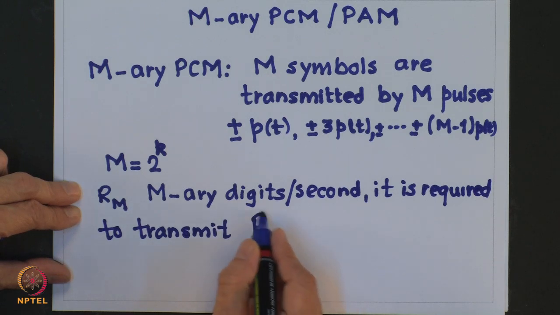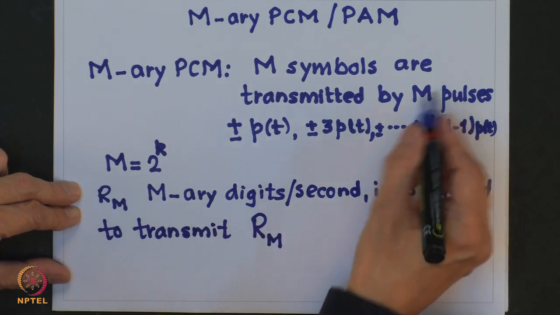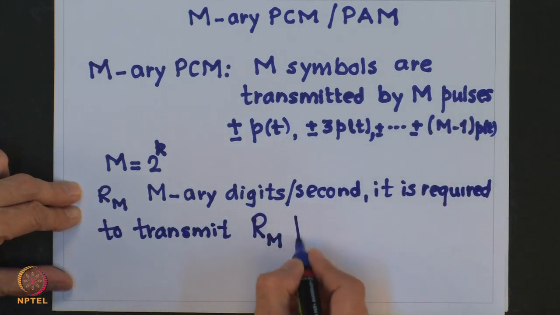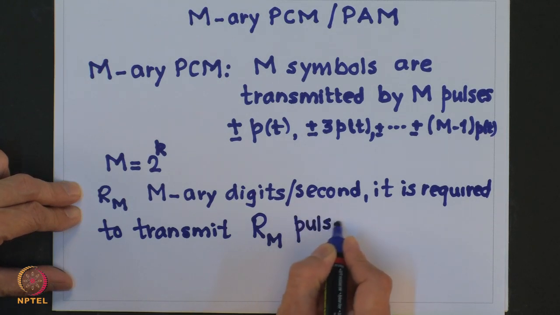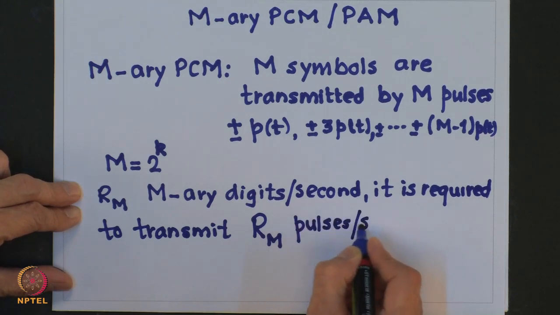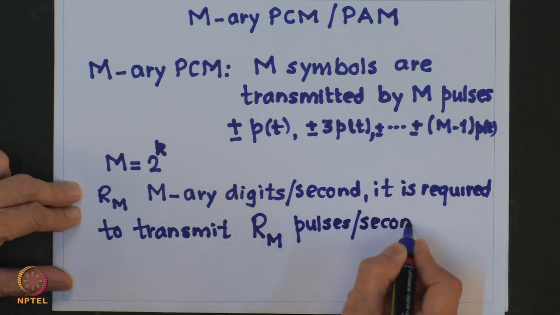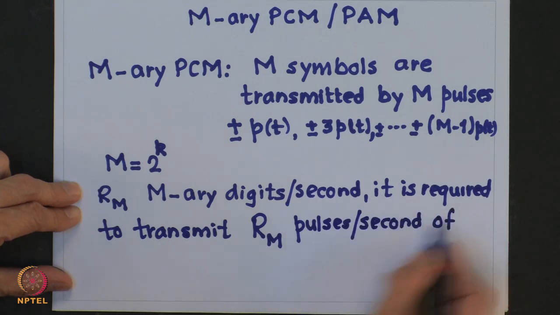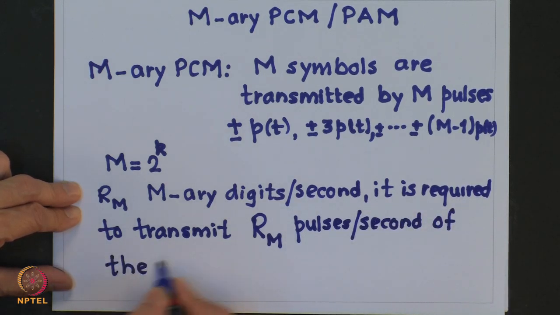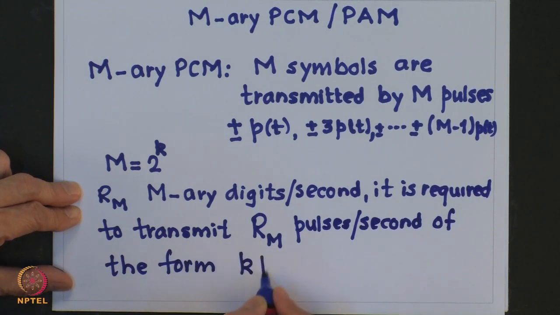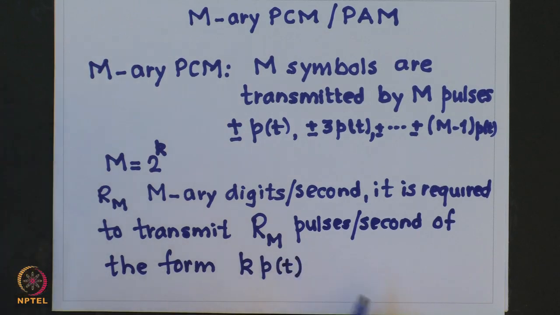This denotes the rate at which we are transmitting these M pulses.